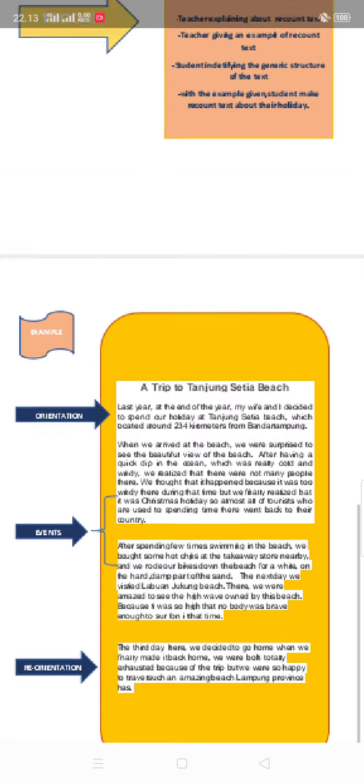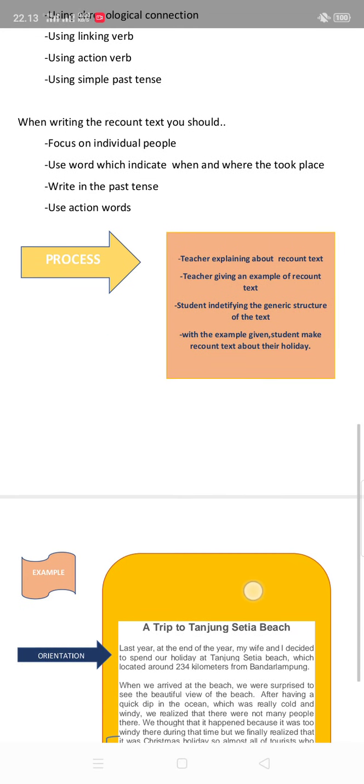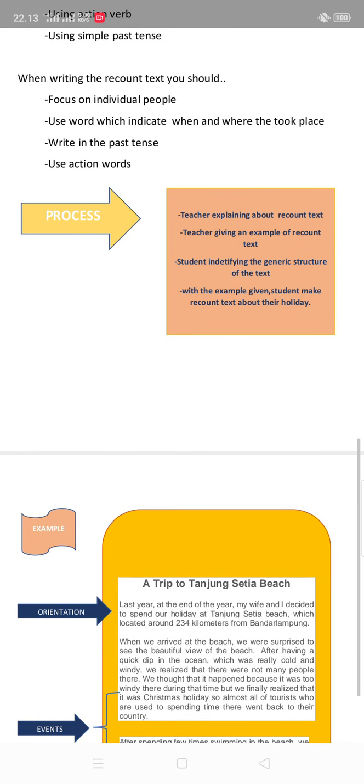Okay, we are going to the process. Previously I, as a teacher, explain about recount text, and then I will give an example of recount text.